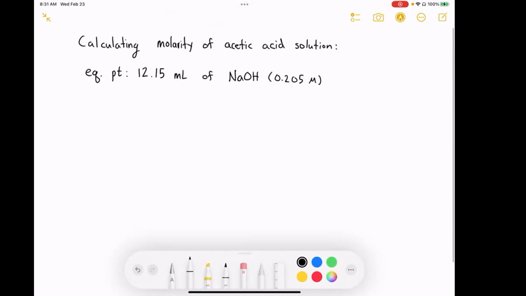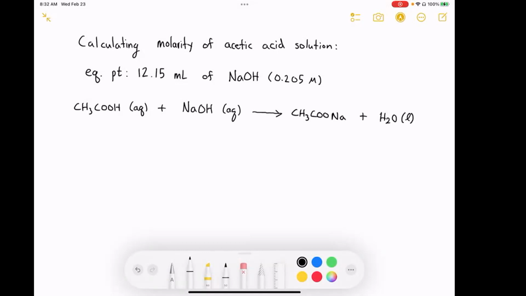So the chemical reaction is we have acetic acid, CH3COOH, in aqueous solution, plus sodium hydroxide. And this will give us a solution of sodium acetate plus water.